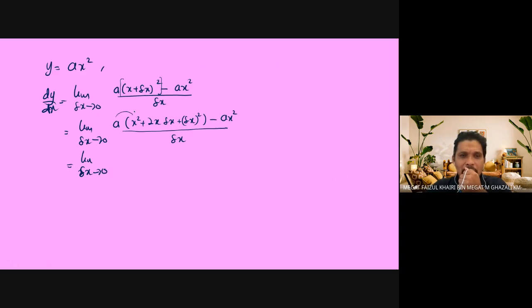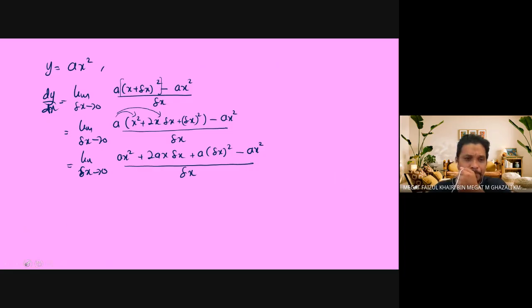So a times x squared, ax squared, a times 2x delta x, 2ax delta x, plus a delta x squared, minus ax squared, divided by delta x, using first principle.